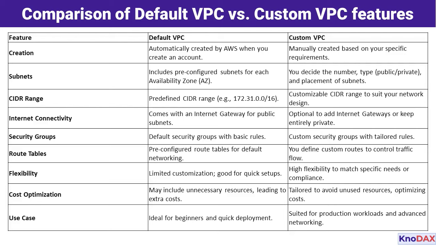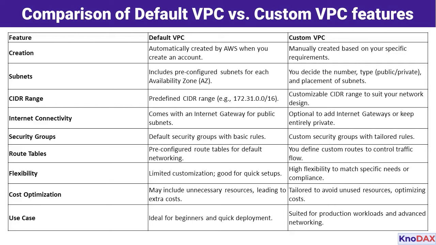Flexibility. Default VPCs are great for beginners or quick setups, but they have limited customization options. Custom VPCs, however, offer high flexibility, perfect for production workloads or compliance requirements. Cost optimization. A default VPC might include unnecessary resources, leading to extra costs.